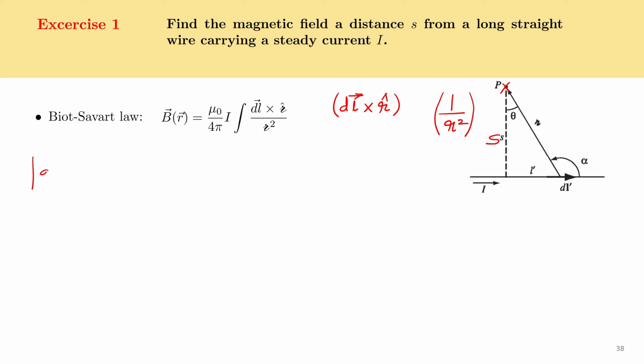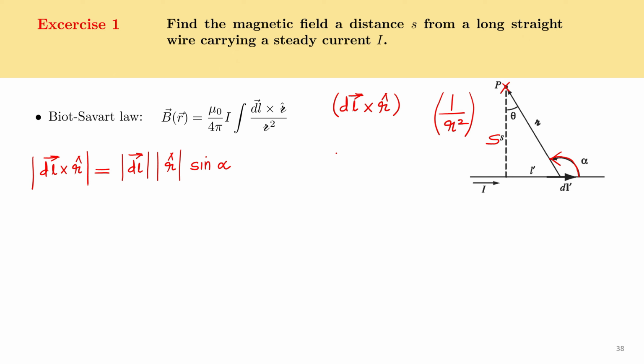Now, the modulus of dl cross script r is equal to modulus of vector dl, times modulus of script r, times sine alpha, where alpha is the angle that the separation vector script r makes with the direction of the current carrying conductor, or the direction of the current.